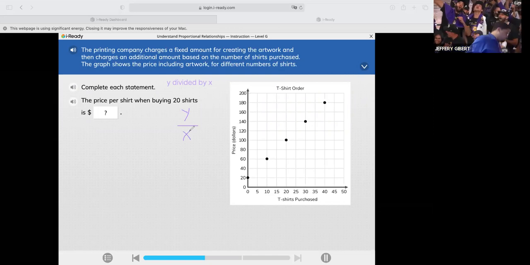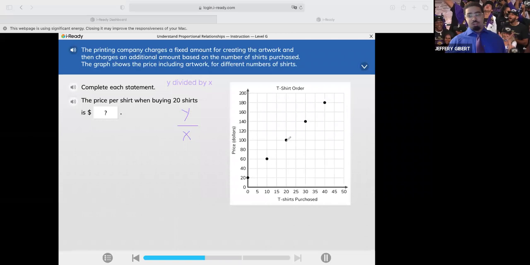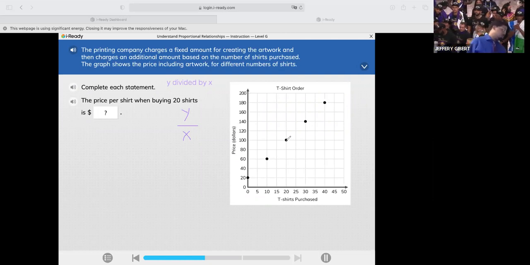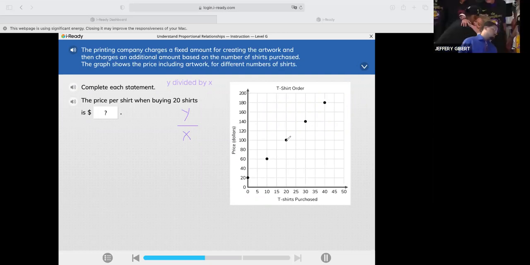All right, so Queen Africa, when you're at this point right here, 20 shirts, what is the y divided by the x? Yes, and what's that equal?